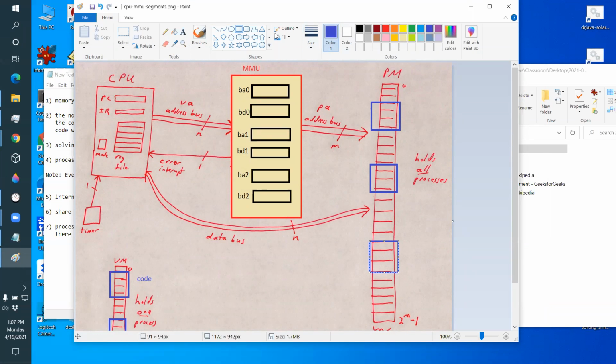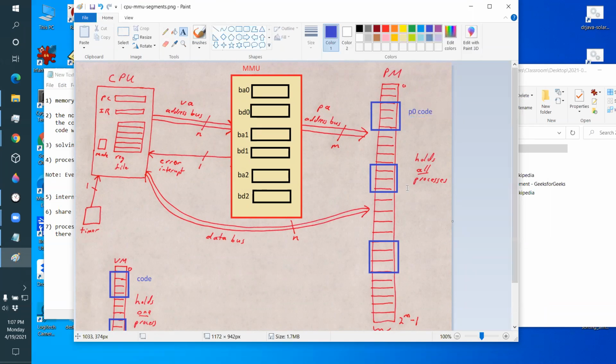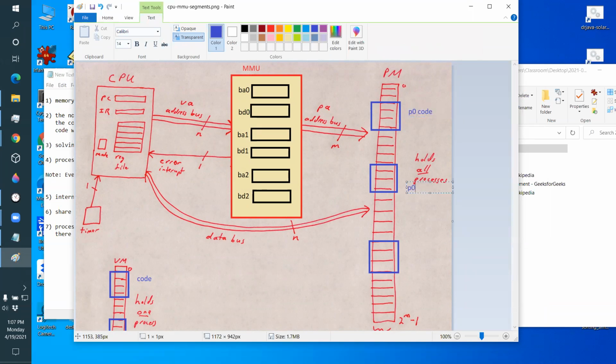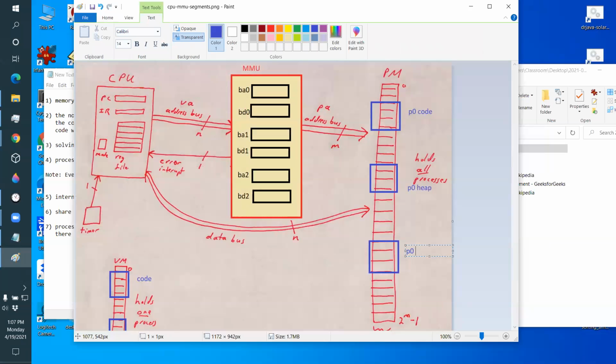So this is process 0 code. This will be process 0, say, heap. And this will be process 0's stack.